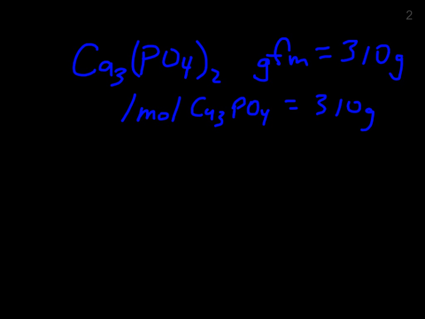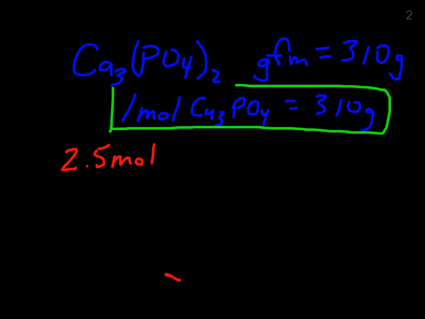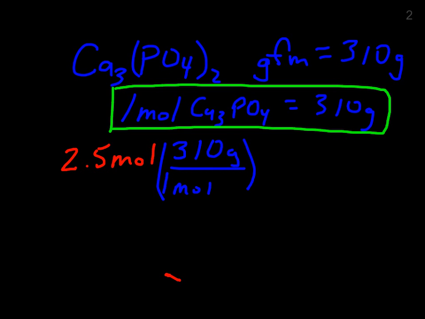I can now take my original 2.5 moles, so I have 2.5 moles of the calcium phosphate. This equality, going back to the whole dimensional analysis thing, can be written in a form of a ratio that says, all right, for every 310 grams, I will have 1 mole of that calcium phosphate.